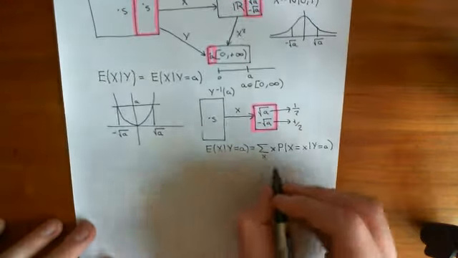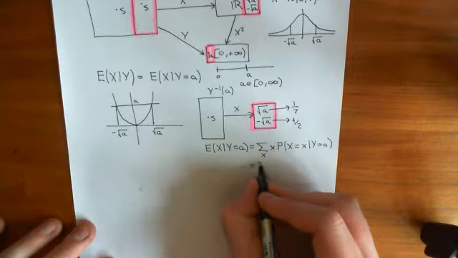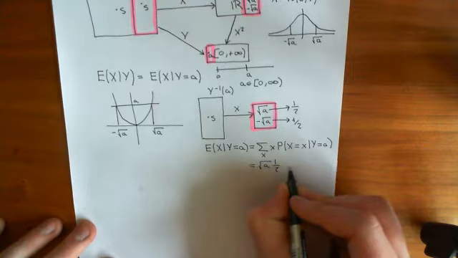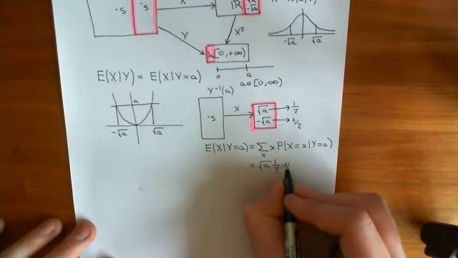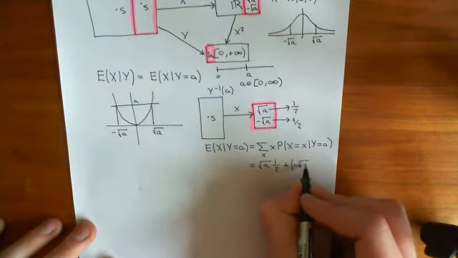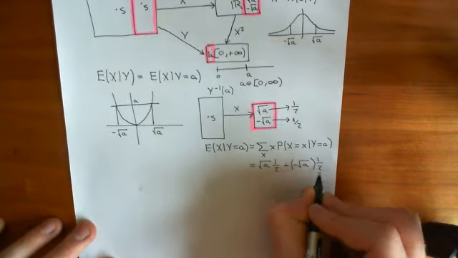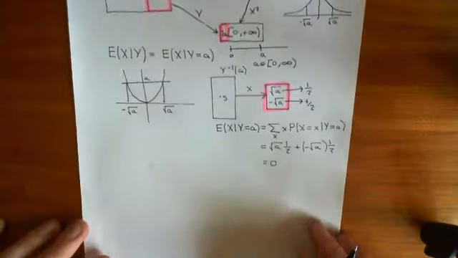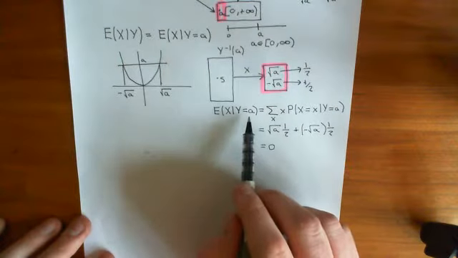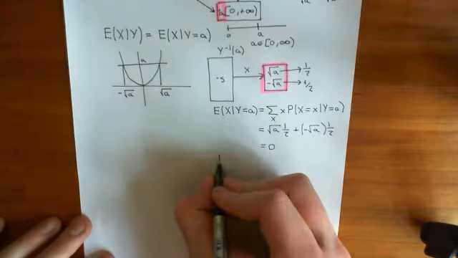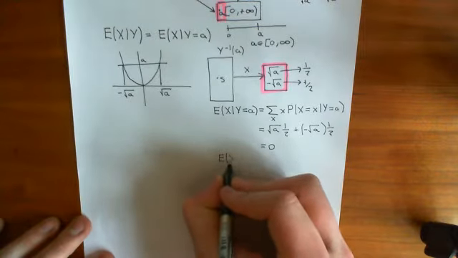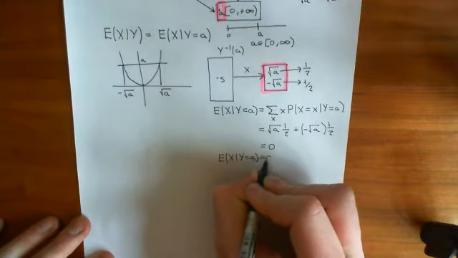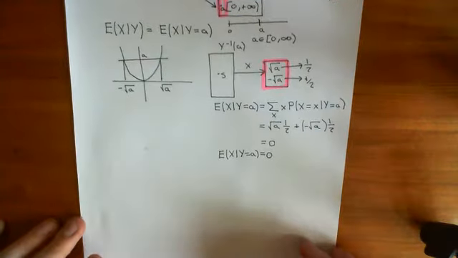Okay, so the two values are just the square root of a and negative of the square root of a, and the probabilities of each of them is a half, so we get this one times a half plus the other one, which is negative the square root of a, again times a half. Now these just add up to equal 0. So no matter what little a you give me, the expected value of x, given that y is equal to that value little a, is going to be equal to 0. So it's 0 no matter what the value of a is.